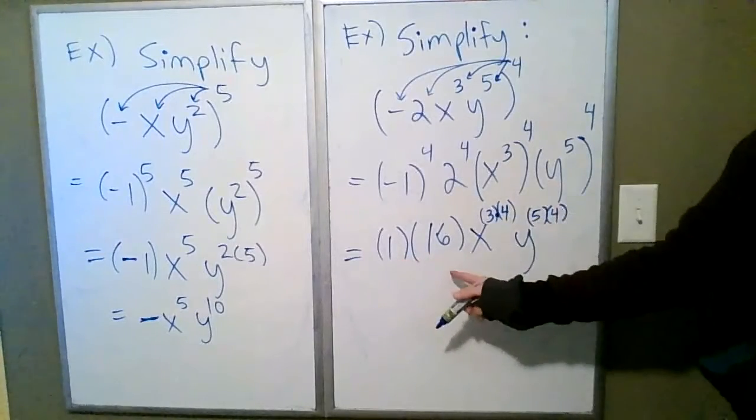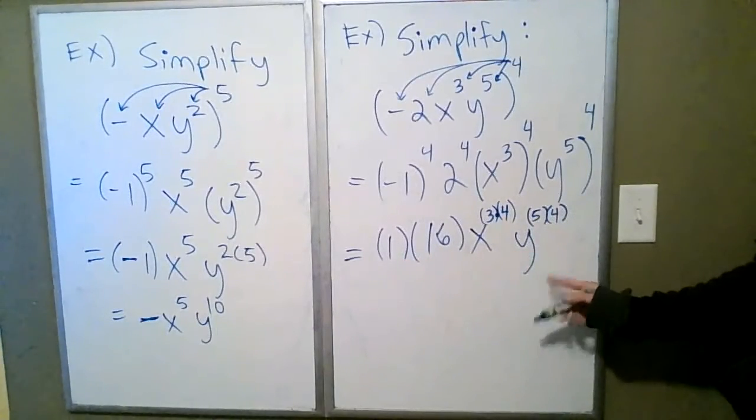So 1 times 16 is 16. Then x to the 12th, y to the 20th.